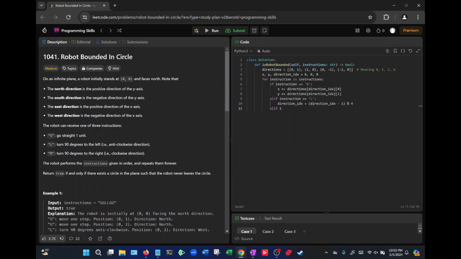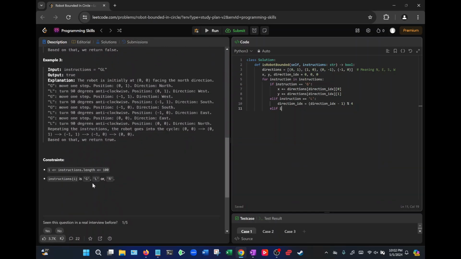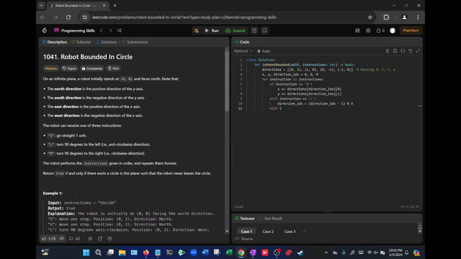Otherwise, I could write else, because let's just check here: instruction is always going to be a valid instruction. So I could just write else, but just to make the code really easy to read, otherwise, if the instruction is R. Or I wonder if we could even do it like this: otherwise, instruction equals R, but this doesn't look quite as nice.